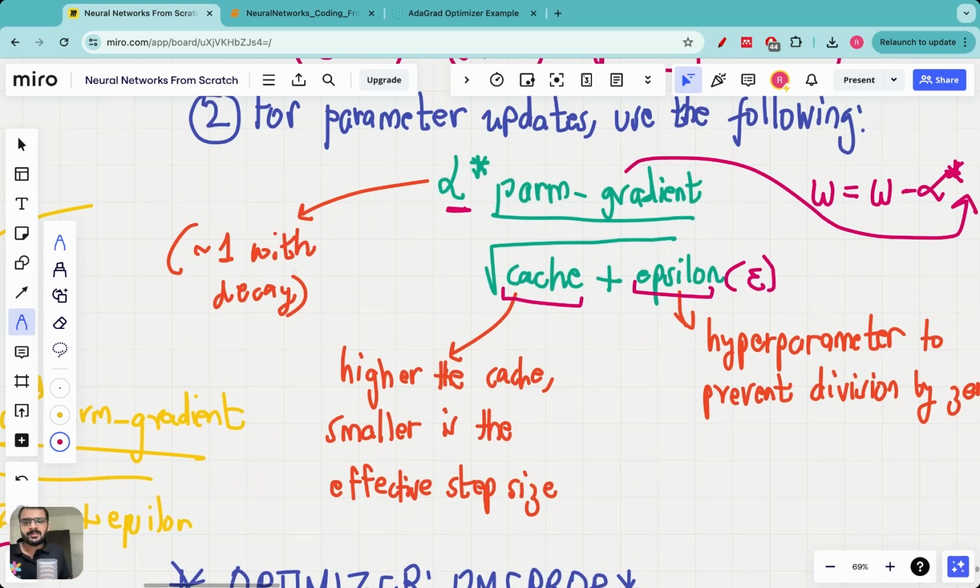When we move towards the code, let me tell you the general values for alpha and for epsilon. Alpha value is generally taken to be 1. So this is actually alpha with decay.